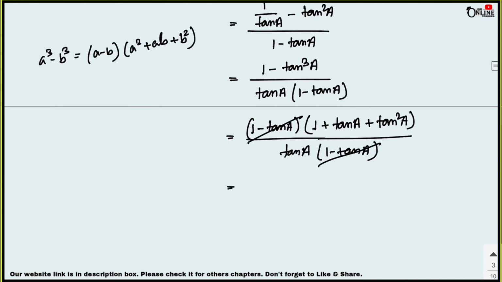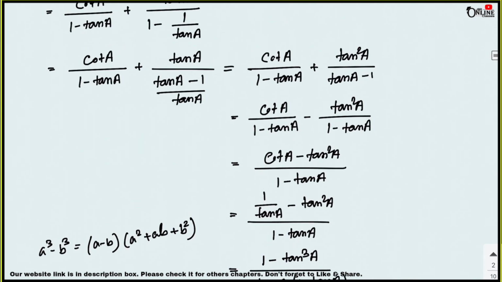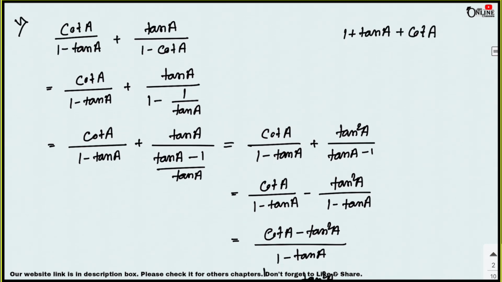Now if you divide by tan A separately, 1 by tan A equals cot A, tan A by tan A equals 1, tan square A by tan A will be tan A. So that is equal to your right hand side. So it's proved. It's a little bit lengthy problem, so observe it very carefully.